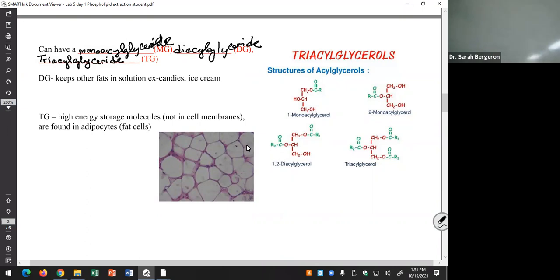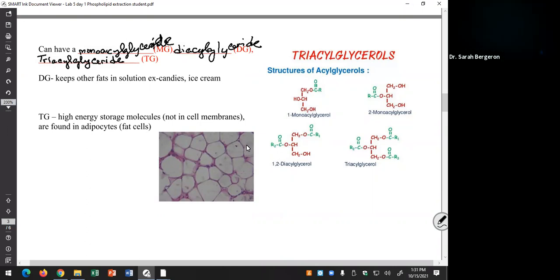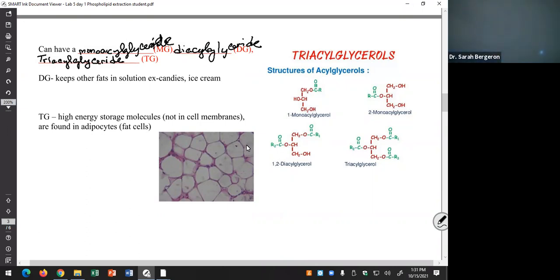If you look at these, these are adipocytes. Have y'all looked at any adipocytes in the lab? I know a few of y'all have in high school. No, it's not onions.